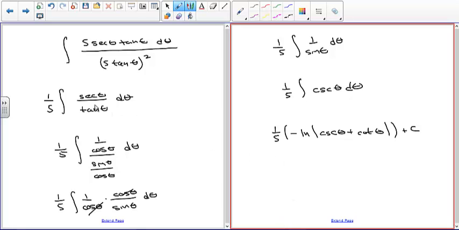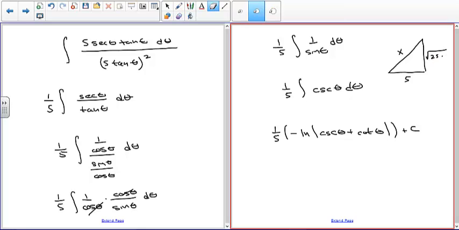So now all we have to do is go back to our triangle, which I'll draw here so I don't have to go back. Remember, our original substitution was using the secant. Secant is hypotenuse over adjacent. So this becomes the square root of x squared minus 25.